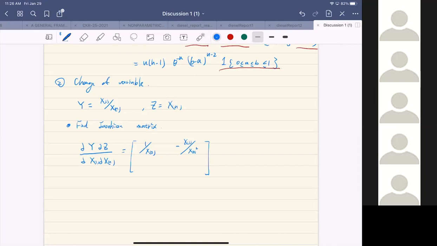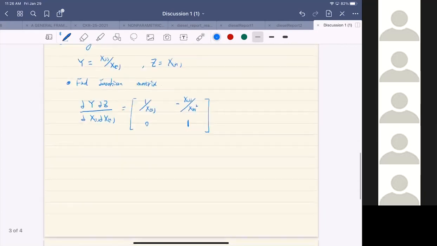And this part is 0 and this is 1. But we want to find the determinant. So the determinant of this matrix is equal to 1 divided by Sn.